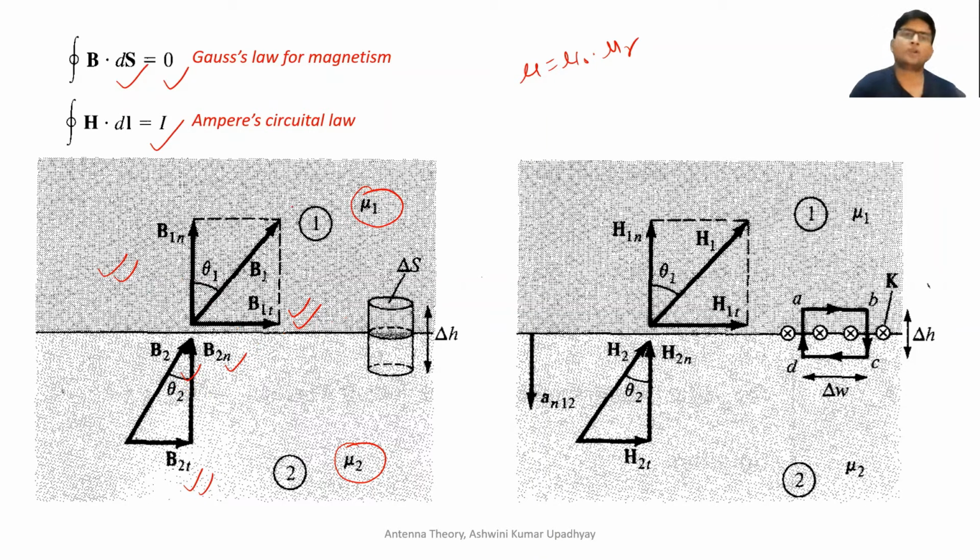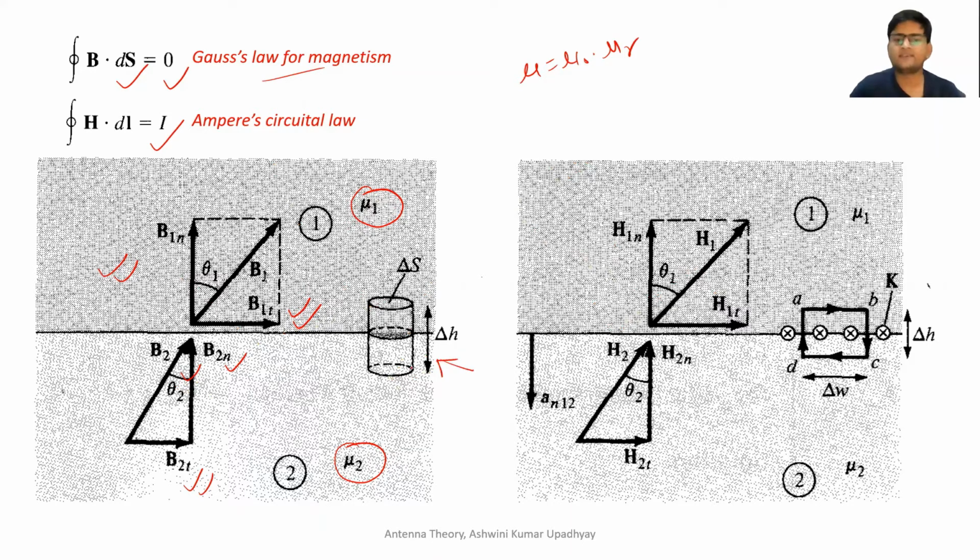So for applying Gauss law for magnetism, you obviously have to assume a Gaussian surface. In this case, we have assumed this cylindrical surface, as you may be seeing here.